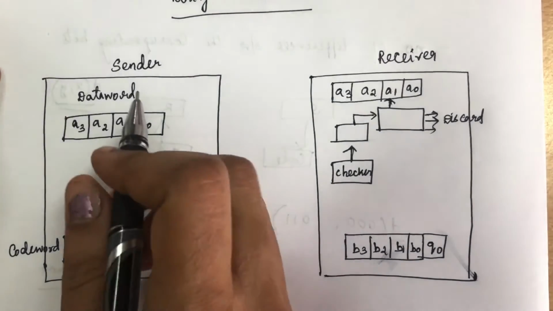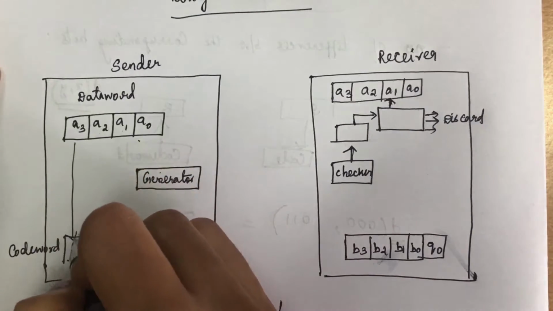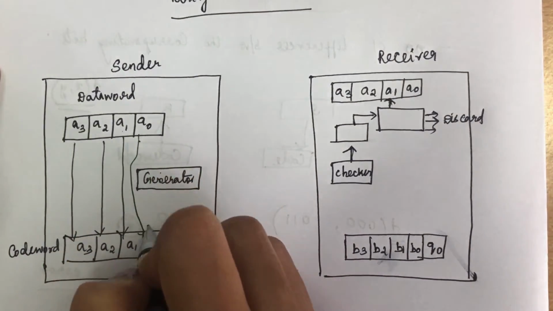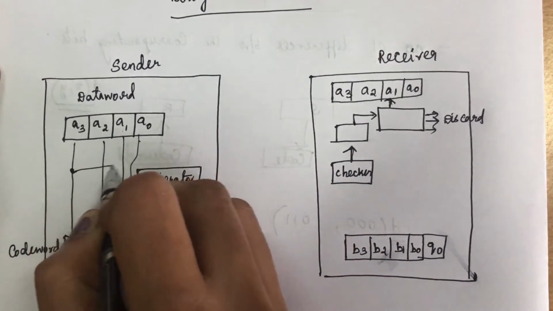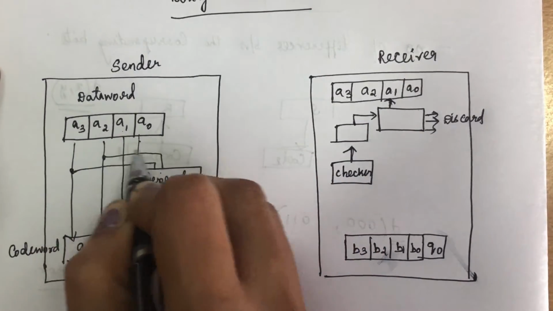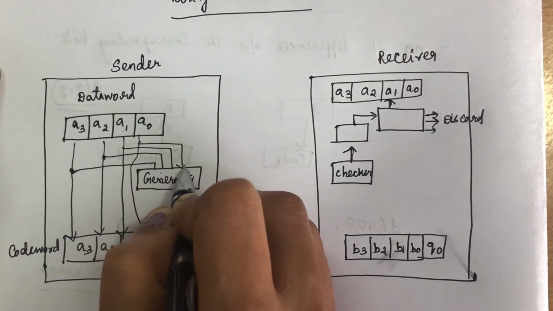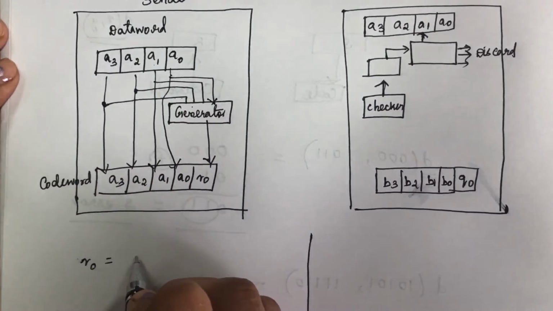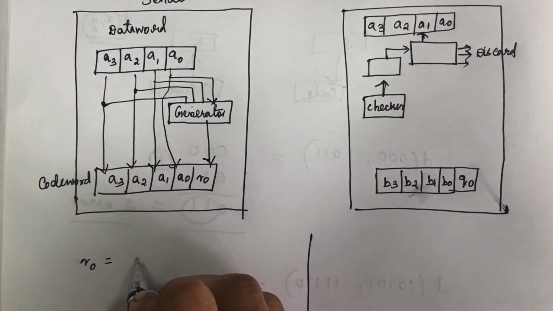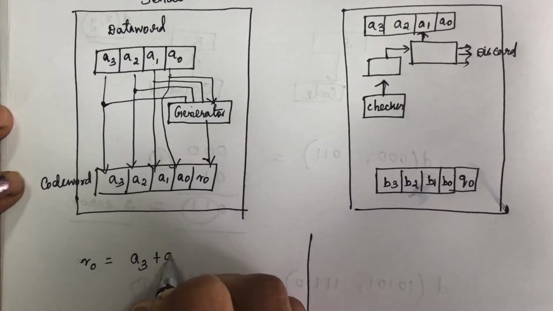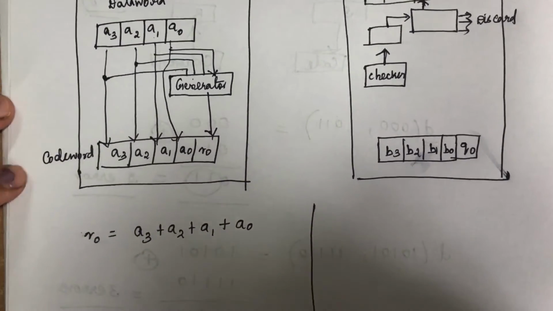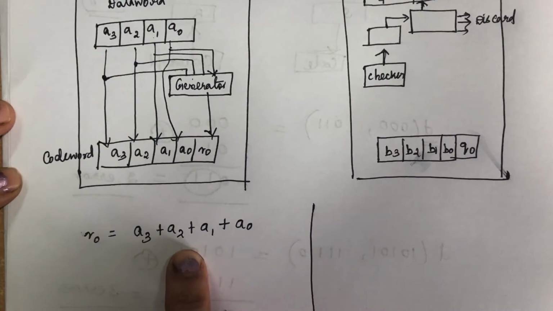A3, A2, A1 and A0 will be the same, and using these we generate the parity bit. We calculate the parity bit r_0 using modulo arithmetic: we add A3, A2, A1 and A0. We count the number of ones in the data word.